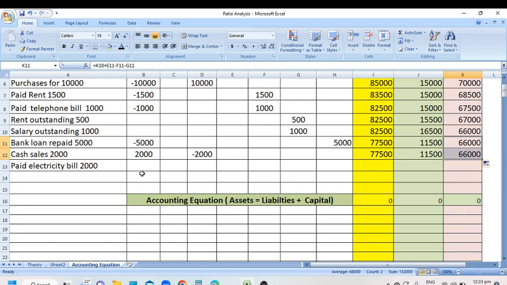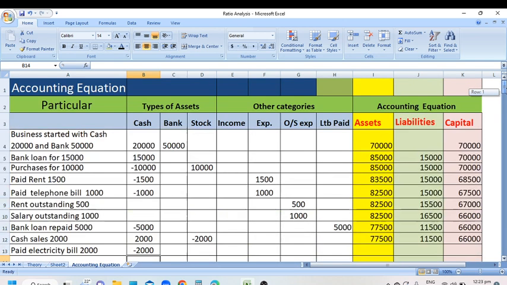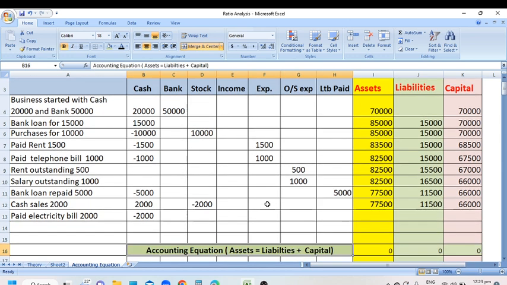Paid electricity bill. Electricity bill paid 2,000, and this is an expense too. I think, where is the expenses? That's the expenses, right? Okay, we'll see.